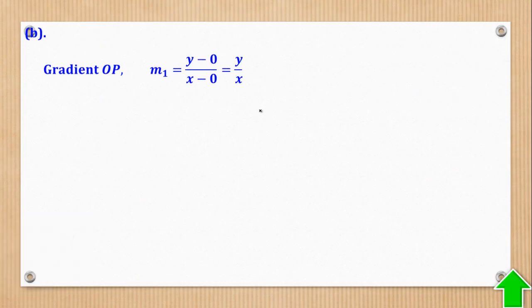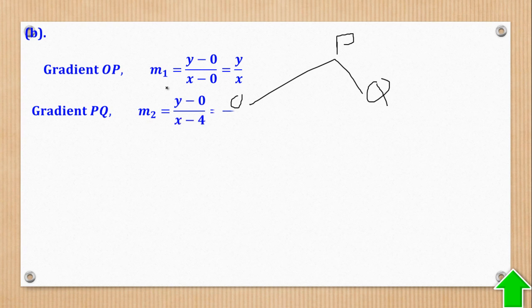So gradient of P, because we have O, P, Q. So gradient of OP is that, and gradient of PQ is that.